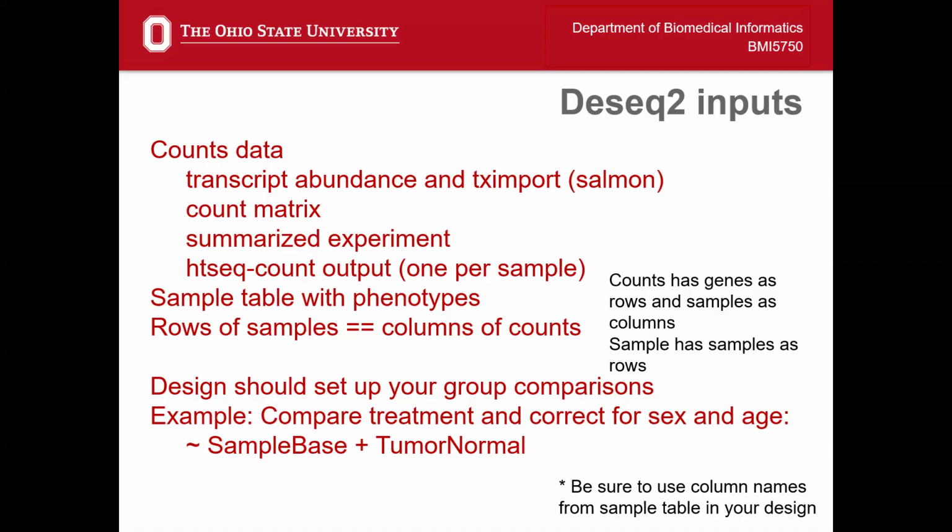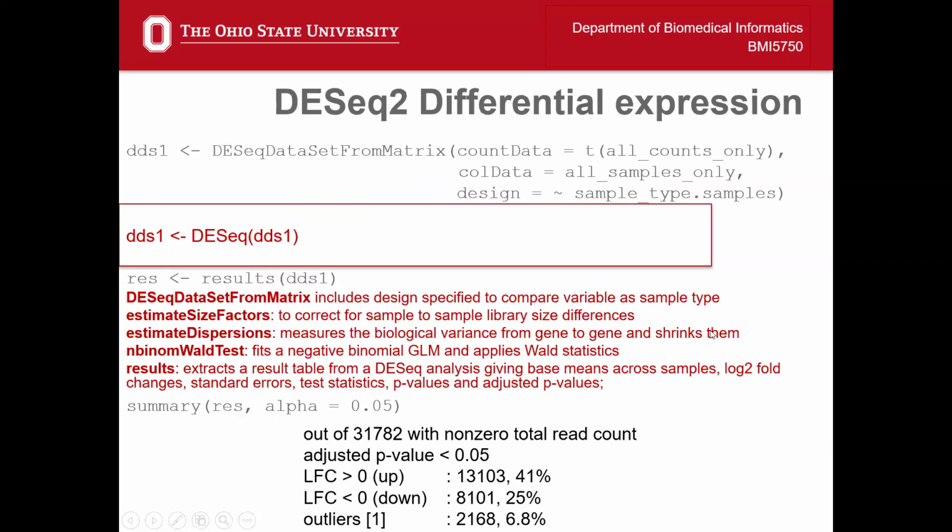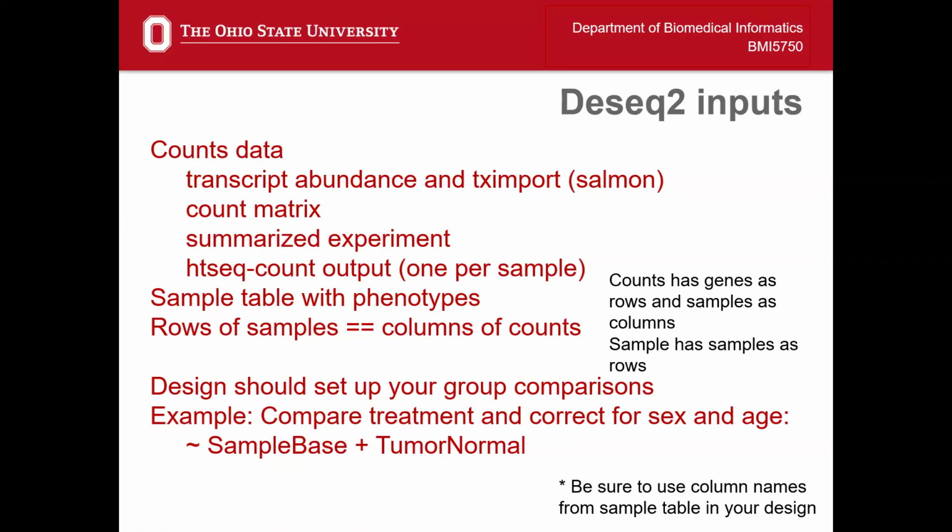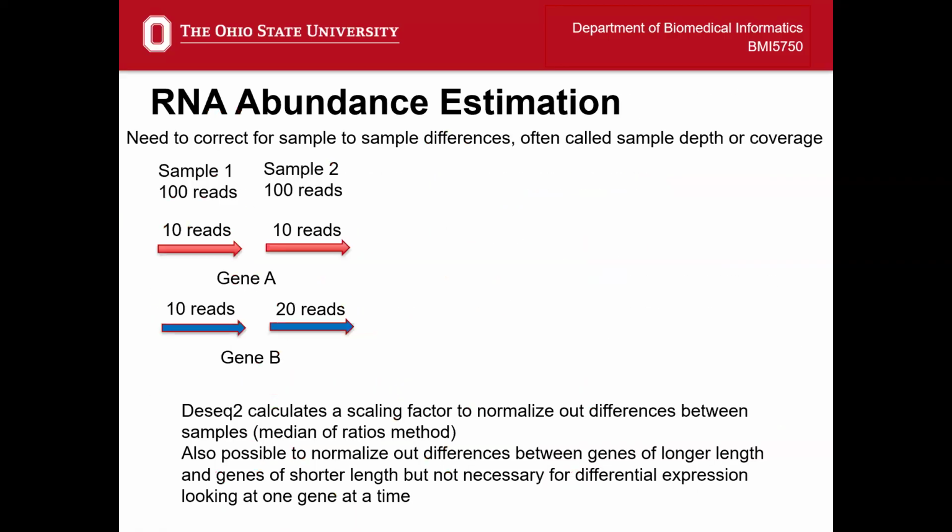And so I'll include those in my setup here as covariates. But in the simplest format, you need one column with group information. That is all you need to compare.